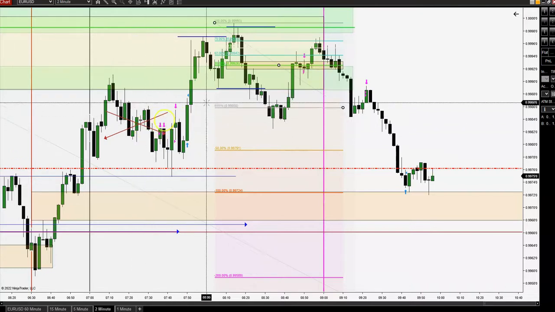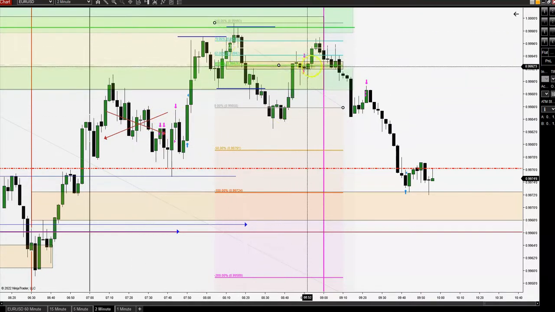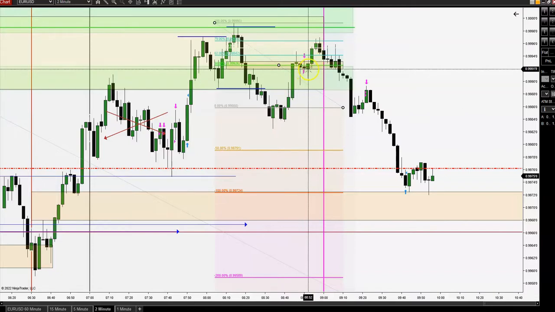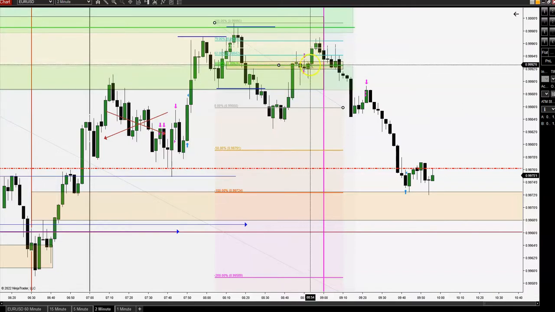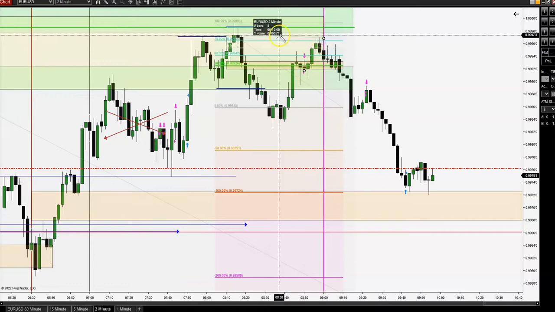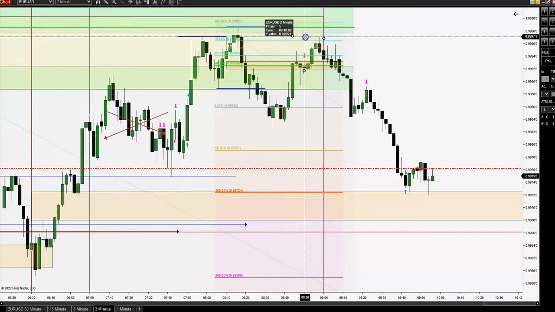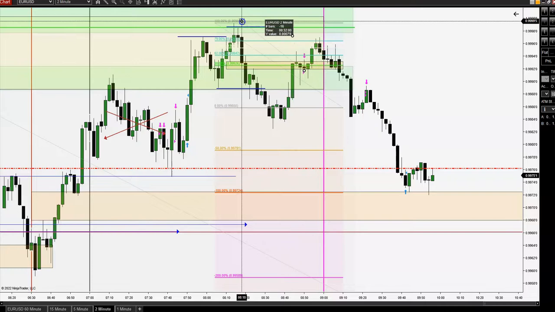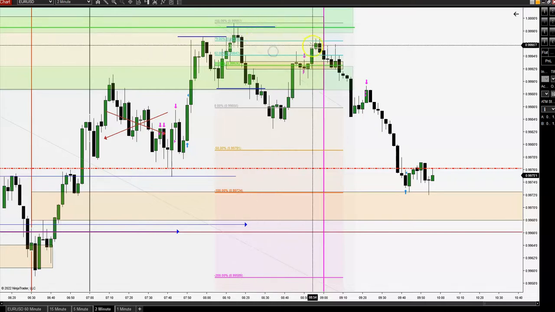So this here was a loss, came up. This one here finally hit. And then target here, entry was here. It went above my entry by 5 points, right? I had my stop above this area here, so around 8 points or so.